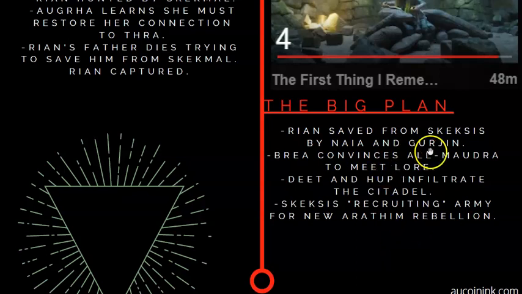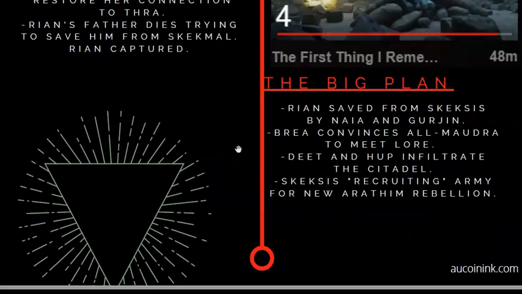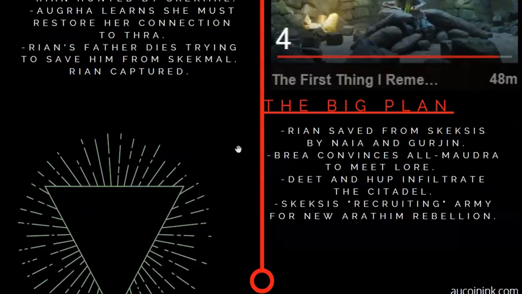Rian is saved from the Skeksis by Nia and Gurjin in that pretty sweet saving scene, where they're driving along and these guys come along and save them. Bria convinces the Almadra, who is her mom, to meet Lore, because she believes that Lore has important information about what's happening overall.